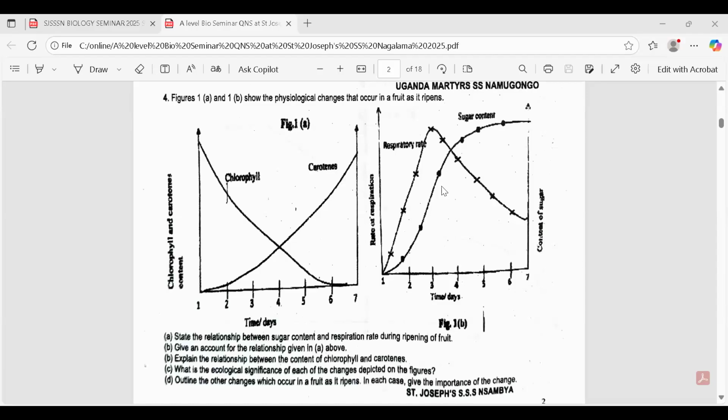Then, as the respiratory rate decreases rapidly, the sugar content increases rapidly to attain a maximum.